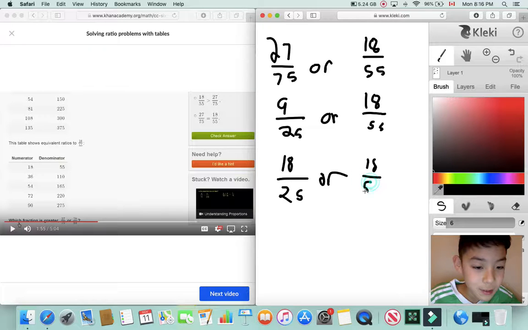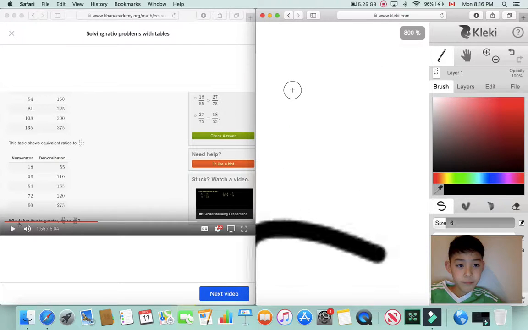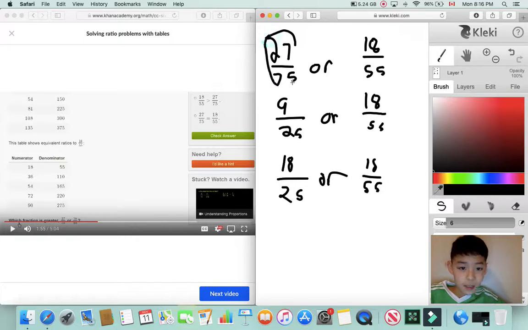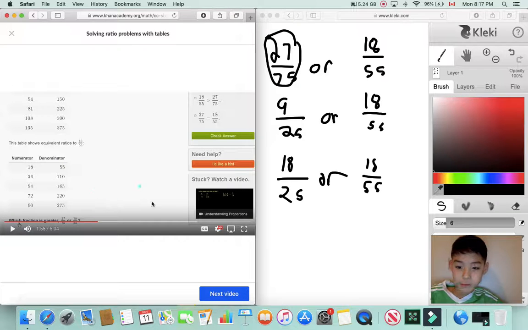So all you have to say is, which one's bigger now? 18 over 25 or 18 over 55. The thing with fractions is if the numerators are the same but the denominators are different, the smaller denominator makes the bigger fraction. So this is way bigger than that.